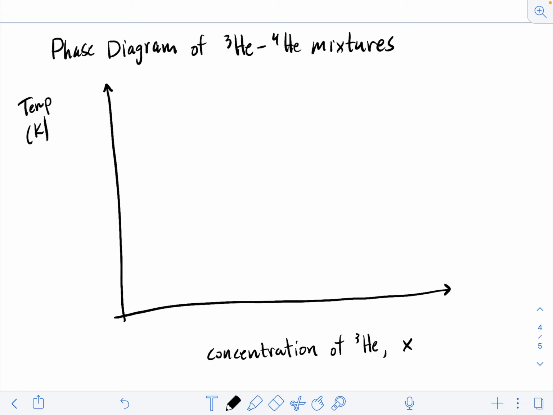So we'll see how this goes. So it's going to look something like this.